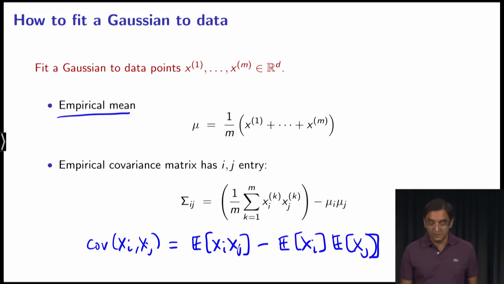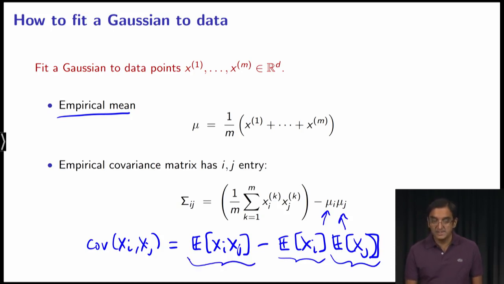What is the expected value of xi? Well, we've already computed that. That's mu sub i. What is the expected value of xj? That's mu sub j. So all we need to do is to compute the average value of xi times xj in the data set. And that's exactly what this term is over here.